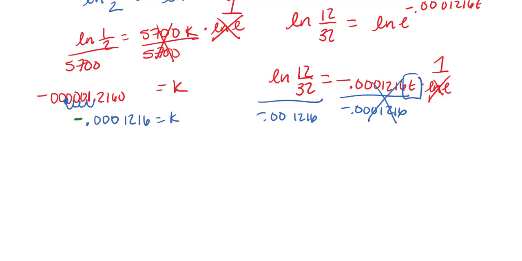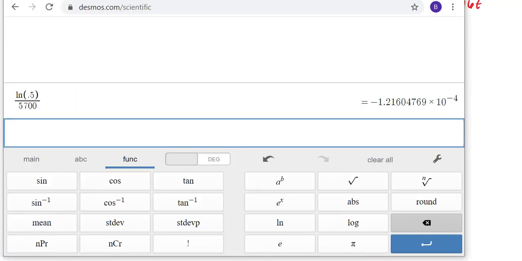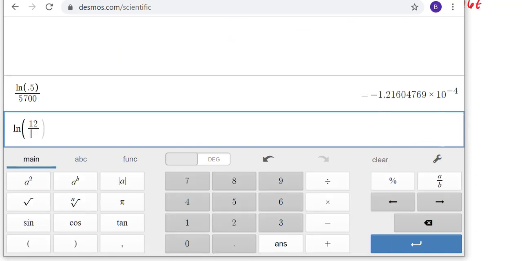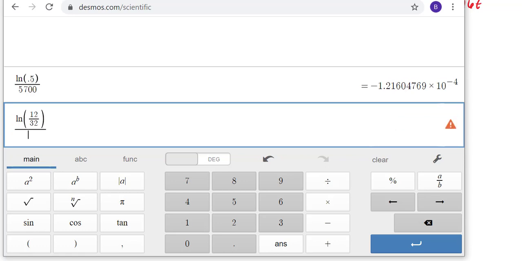So let's get our calculators out. We go to our function, take the natural log, go to the numbers, 12 divided by 32, close that, and then we're going to divide by our K value, which is negative 0.0001216.